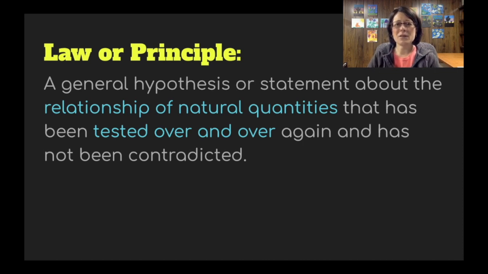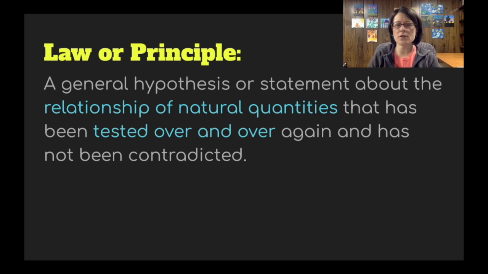Also, we will be taking a look at a lot of laws or principles. A law is a general hypothesis or statement about the relationship of natural quantities that has been tested over and over again and has not been contradicted. A law is something that happens over and over and over again, like the law of gravity.